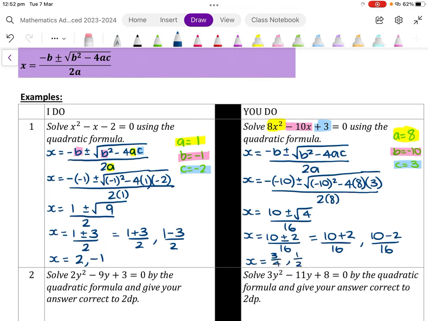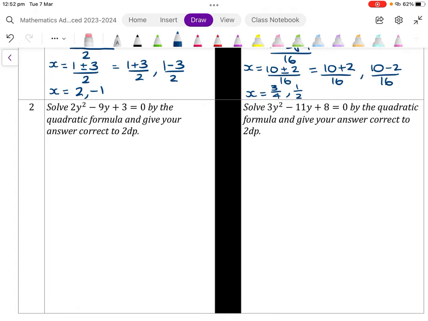Okay, our next and last example is 2y squared minus 9y plus 3. So our a is our coefficient of y squared, which is 2. Our b is our coefficient of y, which is minus 9. And our c is our constant, which is equal to positive 3.